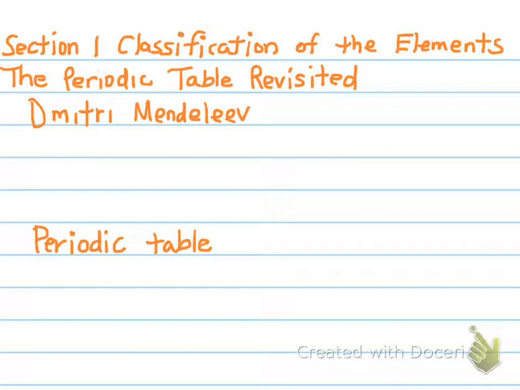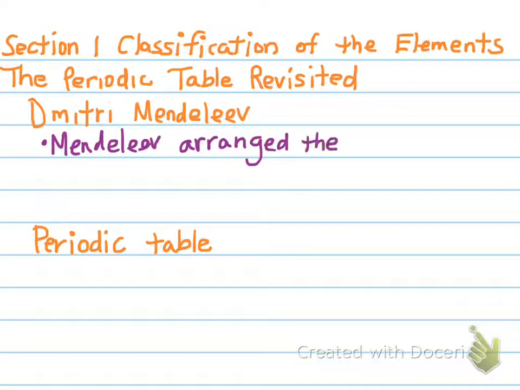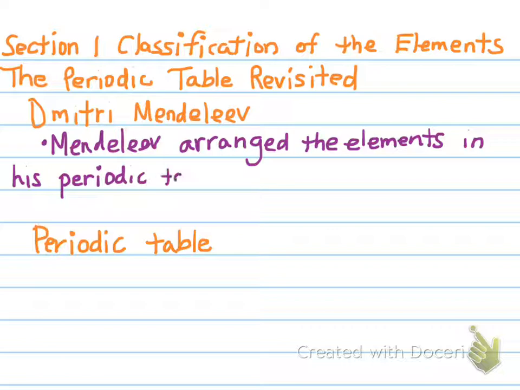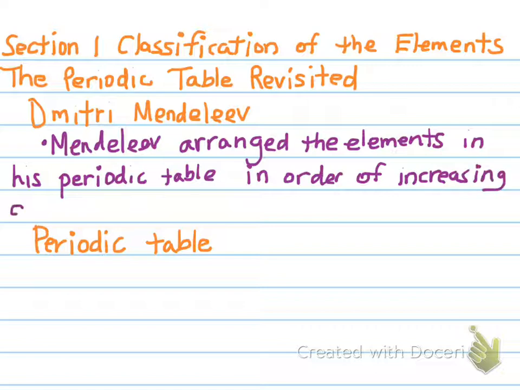Remember that the first scientist given credit for our modern periodic table was Dmitri Mendeleev. Mendeleev arranged the elements in his periodic table in order of increasing atomic mass.